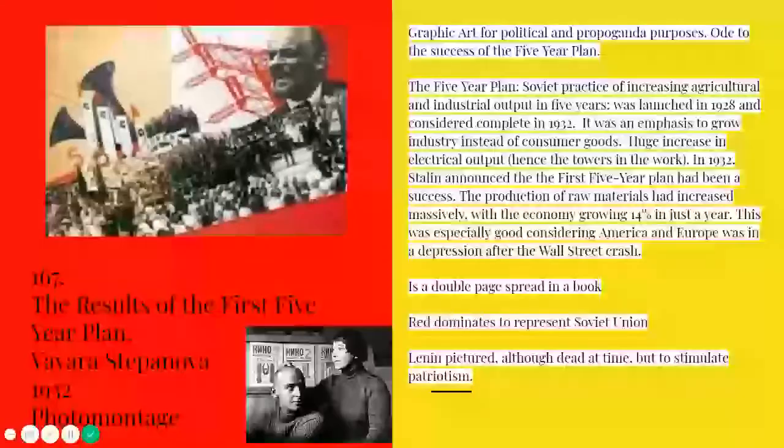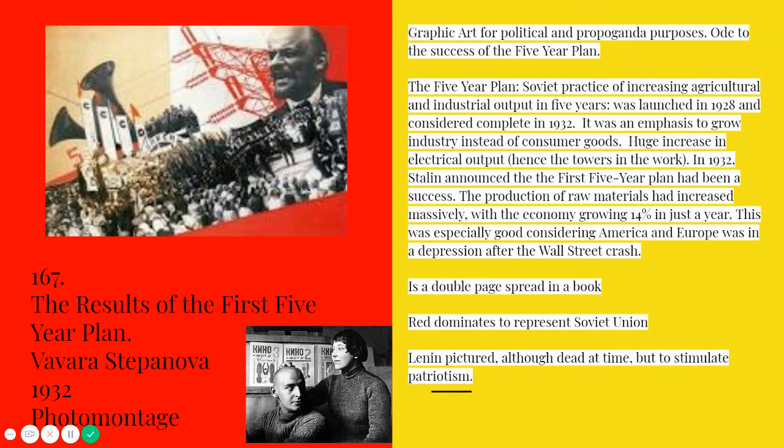So, you have the West in a state of depression, and then you have this Soviet country in this 5-year plan that's just growing industry, and their economy is growing, and they're the ones that are producing goods for trade, and I mean they're in a state of flourish.